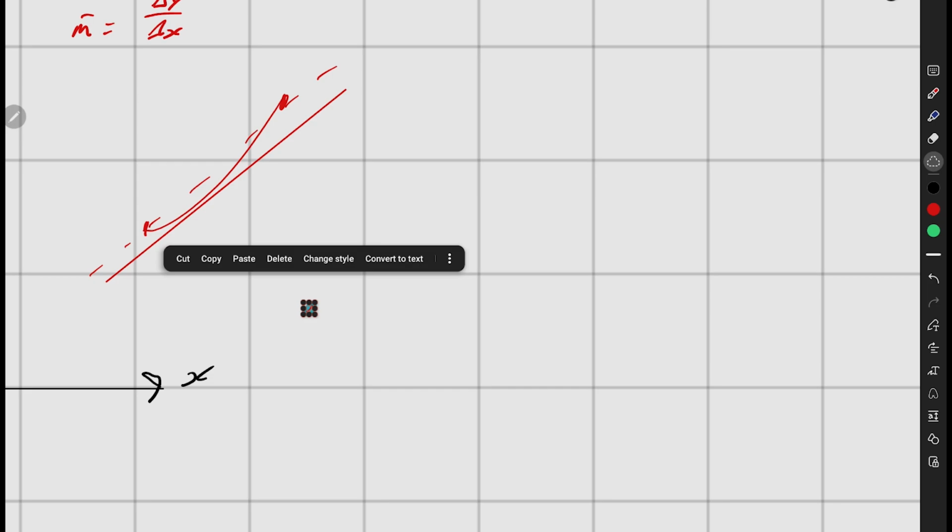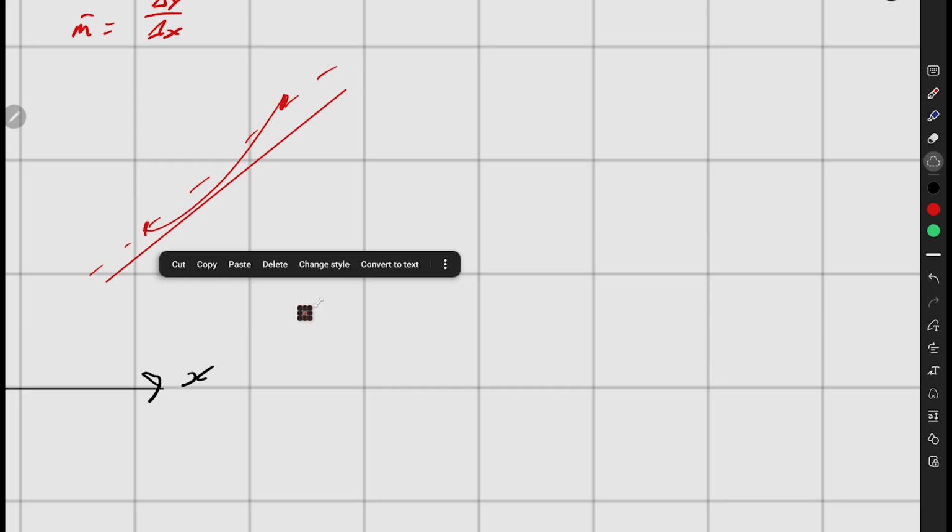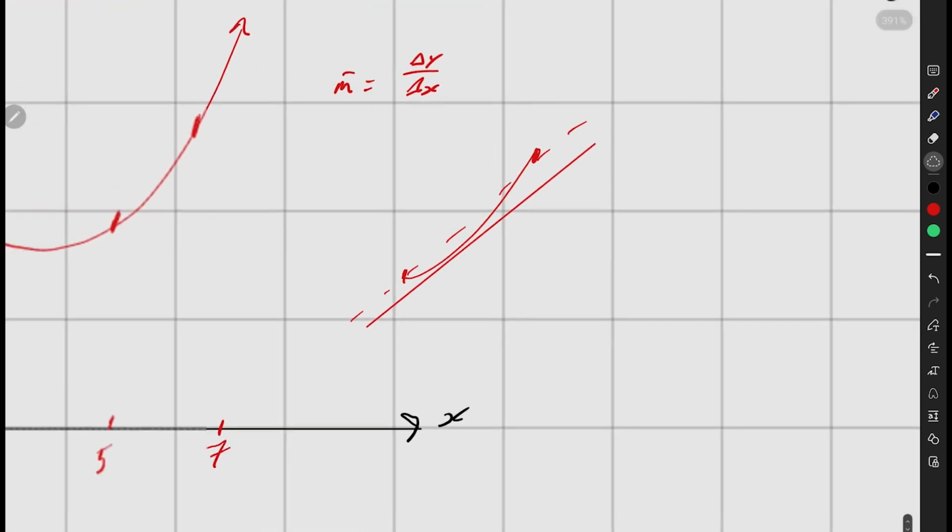You could keep dividing this up infinitely small. And by doing that, you're finding the gradient of the tangent at any given point, and it's going to have 100% accuracy, unlike taking your average rate of change. So calculus is a completely different dimension to maths, and it unlocks a lot of possibilities of things that you otherwise wouldn't be able to do.